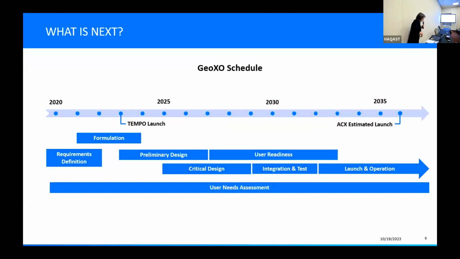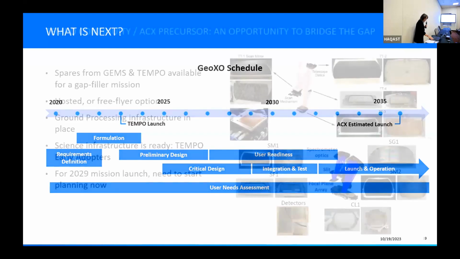Another thing we like to mention is the launch dates for when TEMPO launched and when ACX is estimated to launch. You can see there's about a 13-year difference. This is a bit of a concern, I think, from a user perspective. We have spatial gaps, and we also have temporal gaps in these critical data that we need for the community.